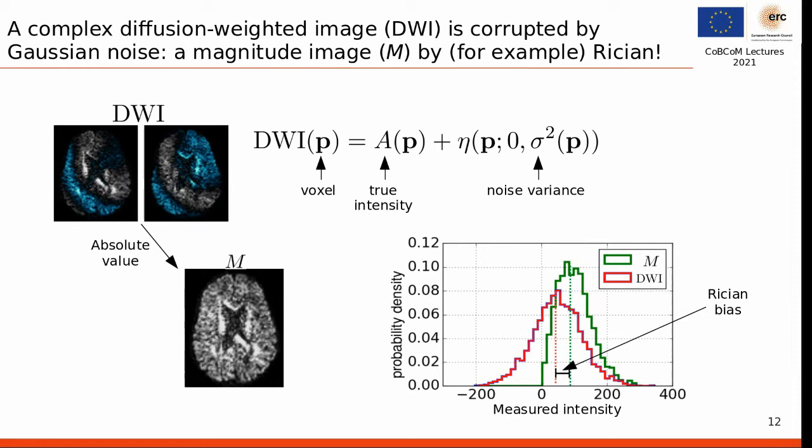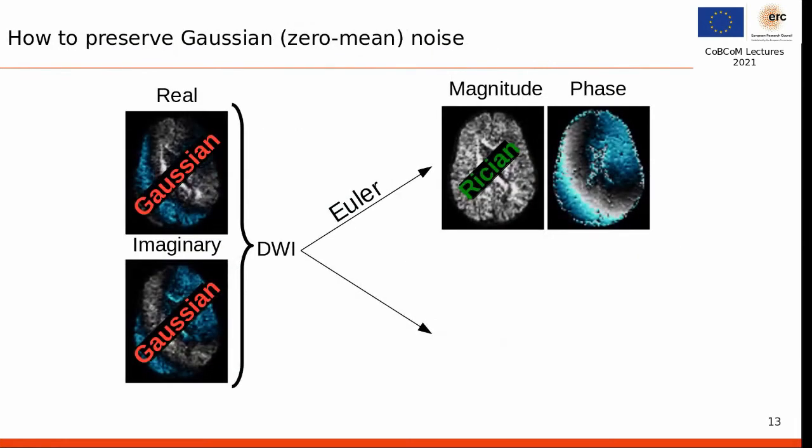Whereas the true histogram will be the one colored in red, corresponding to the DWI. So the difference between the means of these two histograms is a sign of the Rician bias that we want to remove. And for doing so, we will perform phase correction.